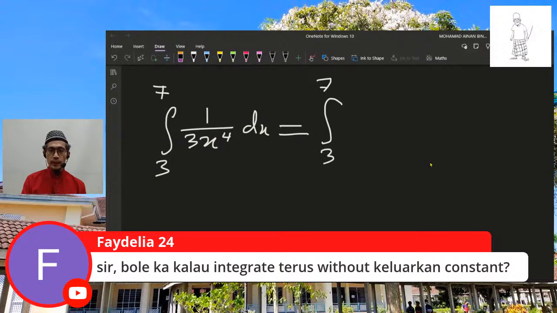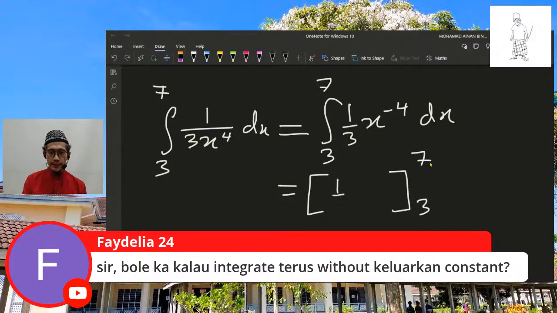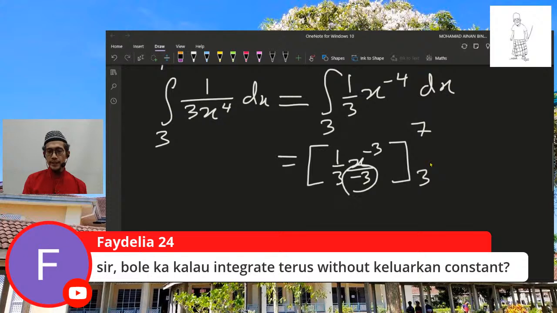We still can do it. So what is this? 1 over 3 times x minus 4. Then we can integrate. So 3 times 1 over 3, x power minus 4 plus 1, which is minus 3, over minus 3. You see over here, we get another number, and then we have to multiply this one. Actually no problem. Can do. Over 9 minus. Okay, no problem.